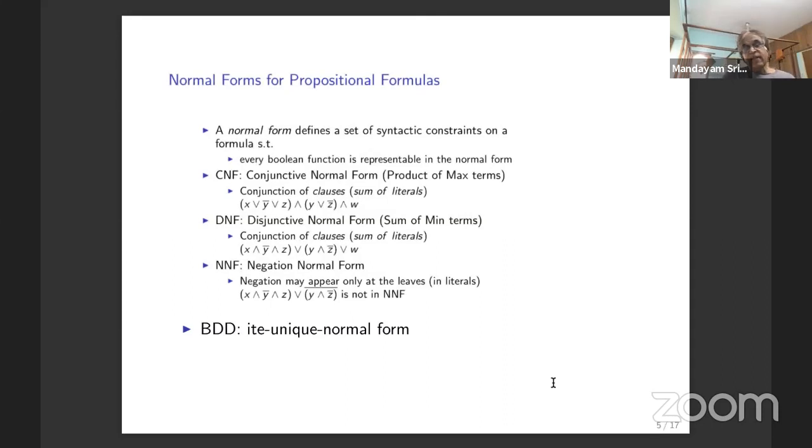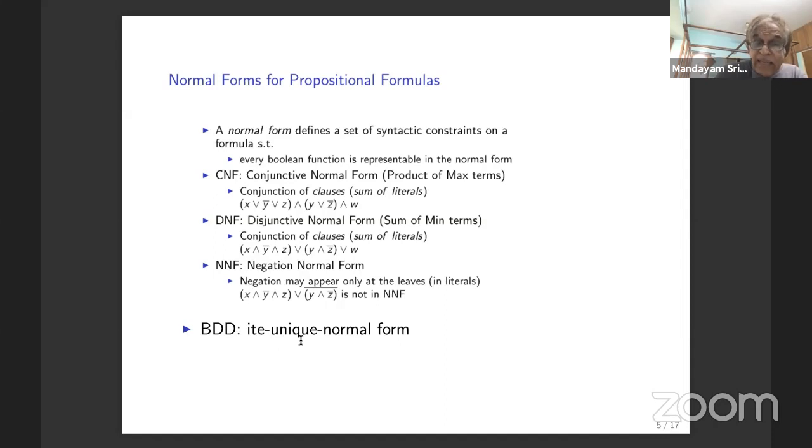There is another normal form that many of you might not have heard of. It uses this operator called if-then-else, which you've already seen in SMT logic, at least in the SMT-LIB format, and that forms the basis of representing Boolean functions as binary decision diagrams. I'm not going to get into this in this course, but if one is interested in doing BDDs, use that form.